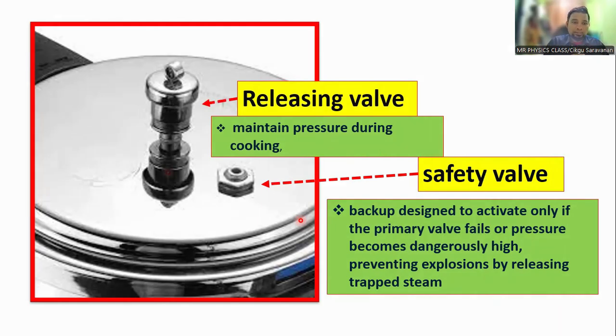So the excess pressure will be released from the releasing valve, because this one is made with a spring. The excess pressure will push the valve and it will be released out. Okay, so this is a normal operating system. This is how it normally functions and works.